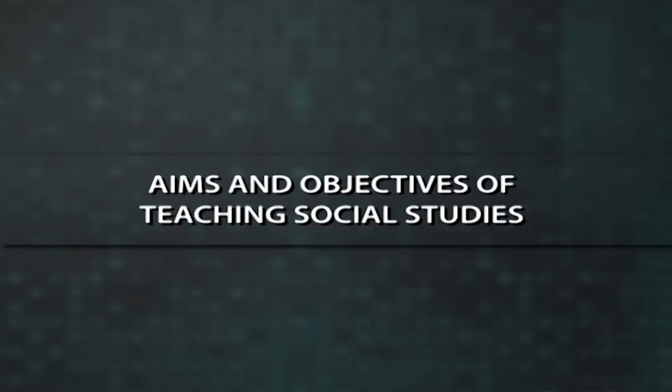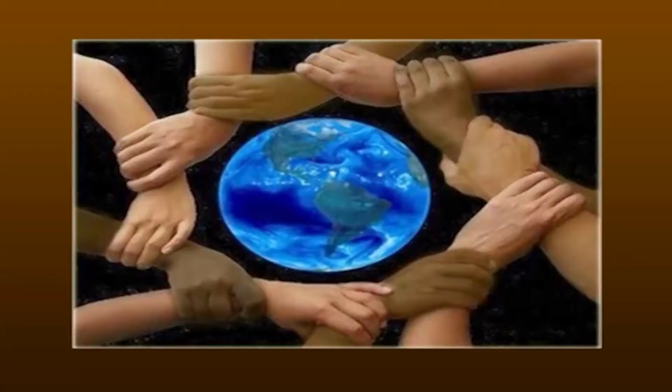Aims and objectives of teaching social studies. Goals are the long-range desired outcomes of instruction. Objectives are the specific and measurable outcomes of instruction. Goals and objectives of the social studies are related directly to our society's expectations, concerns, and mandates.